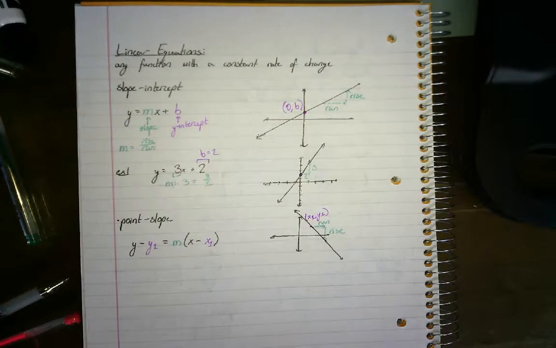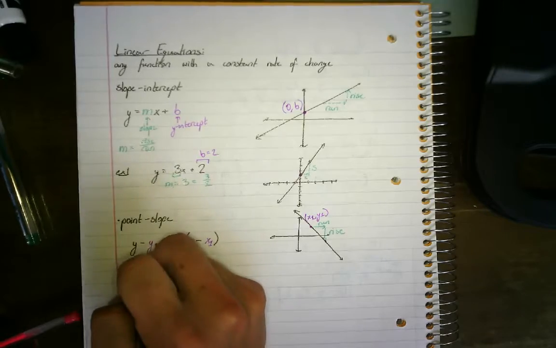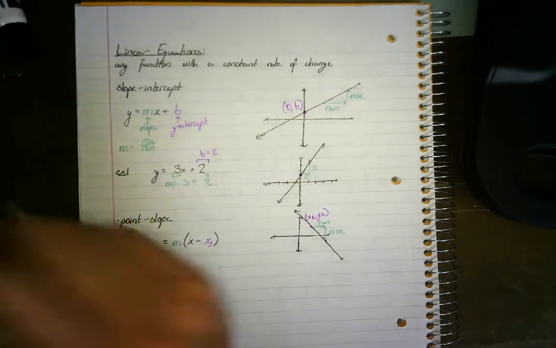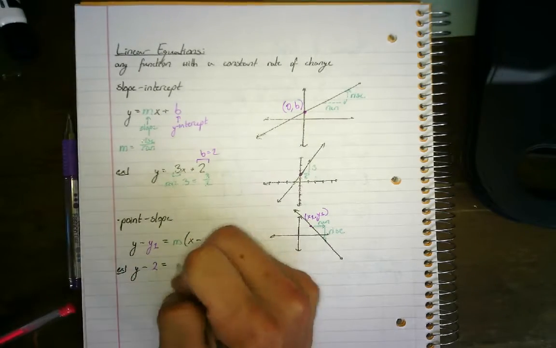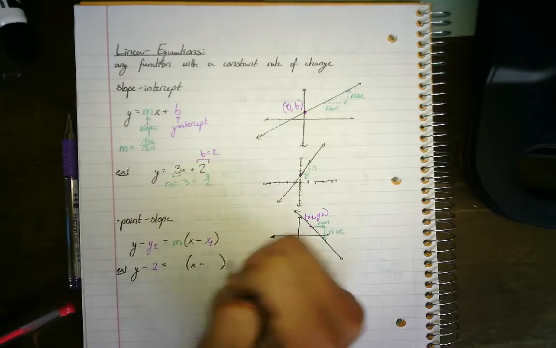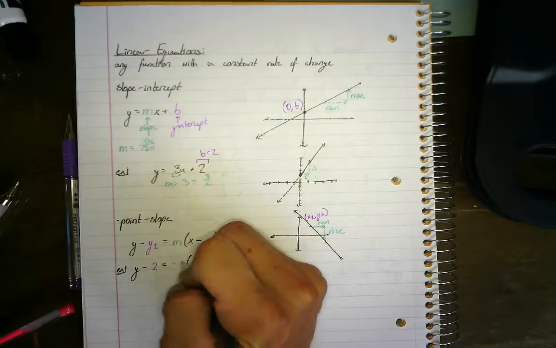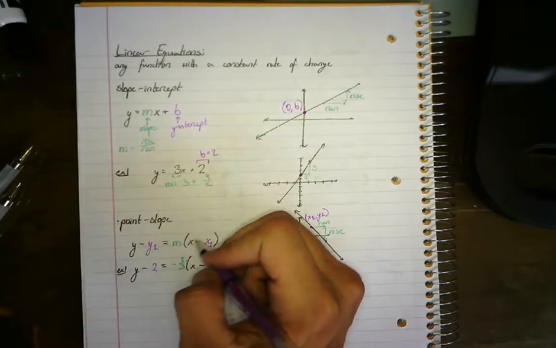Okay. So a good example for this, maybe y minus 2 is equal to, let's say, negative 2/3 times x minus 1.